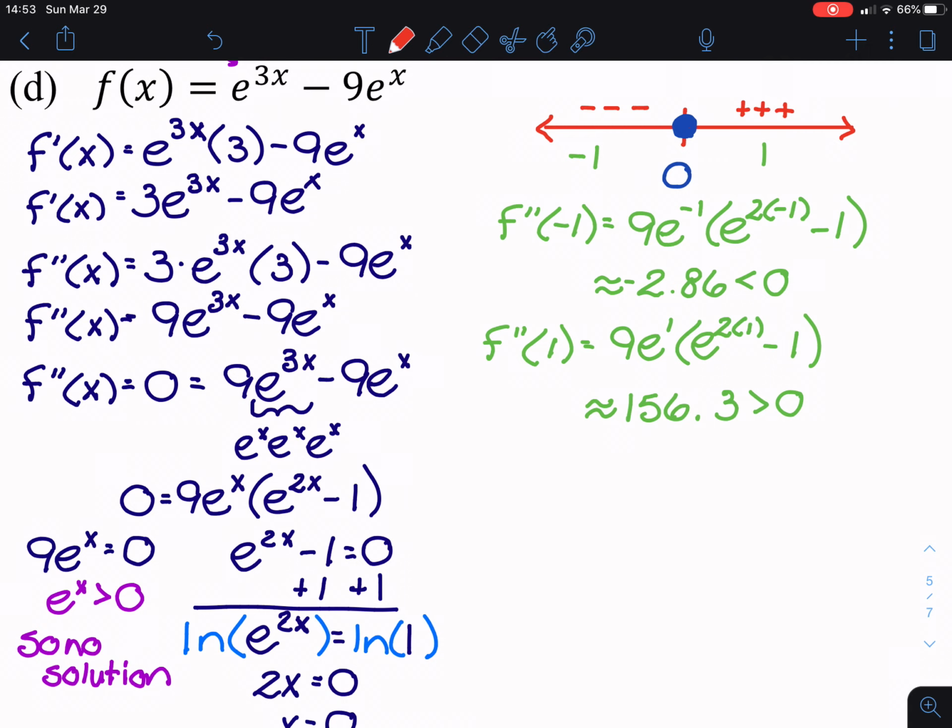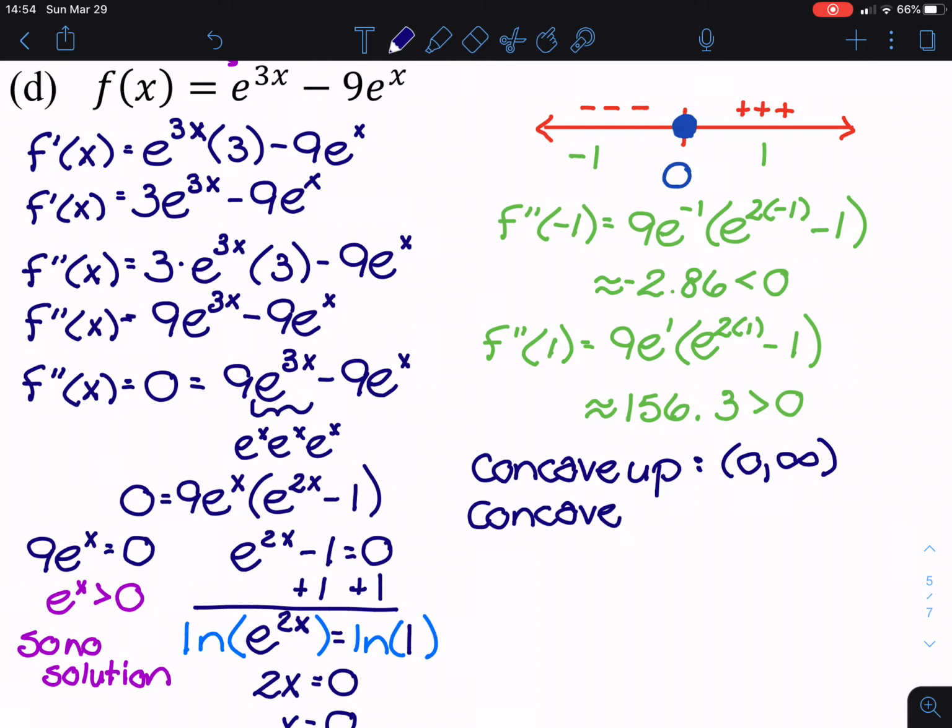All right, so what I know right now is that my function is concave up on the interval 0 to infinity, and it is concave down on the interval -infinity to 0.